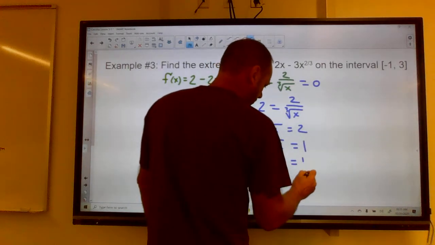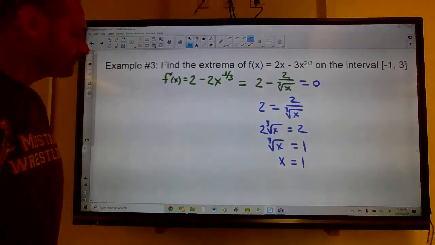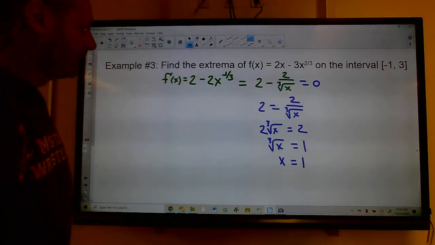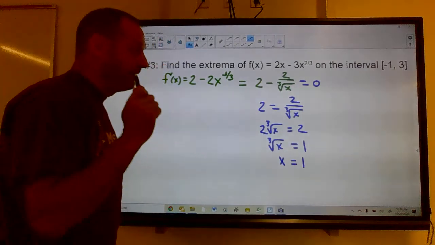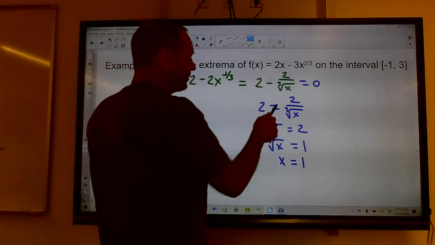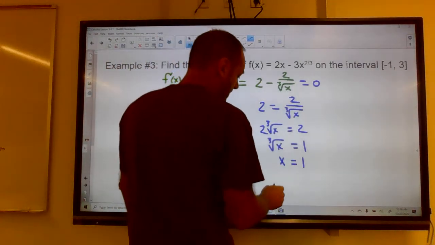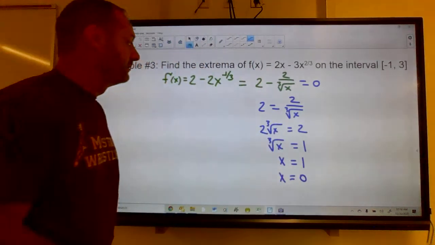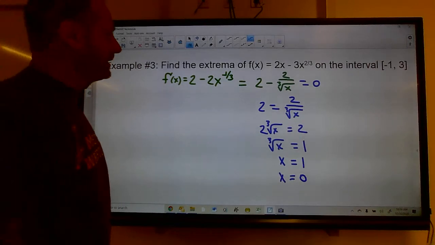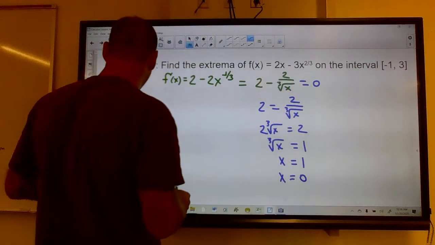So x is going to be 1. Now, that's the only time that this is going to equal 0. However, we're going to have an issue if we plug 0 into this thing. So x equals 0 is also a critical point because I can't divide by 0.